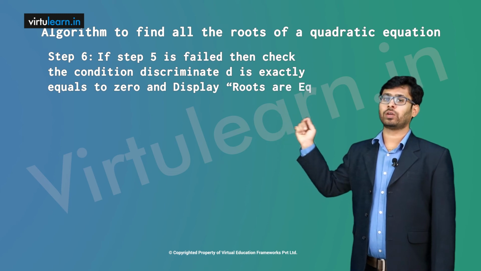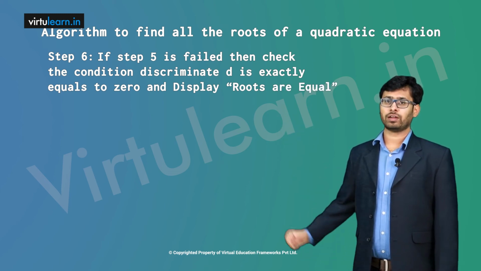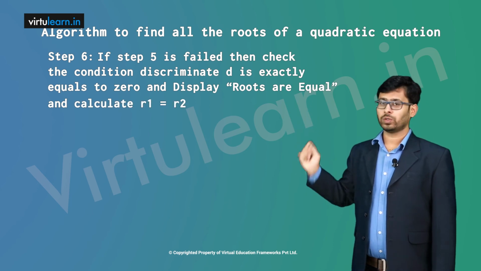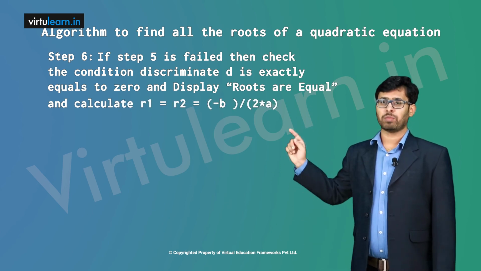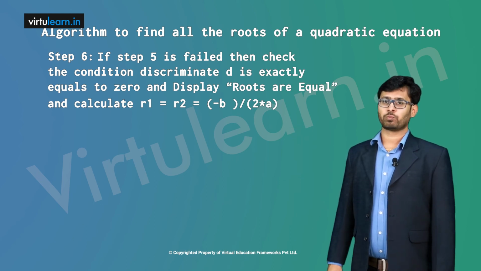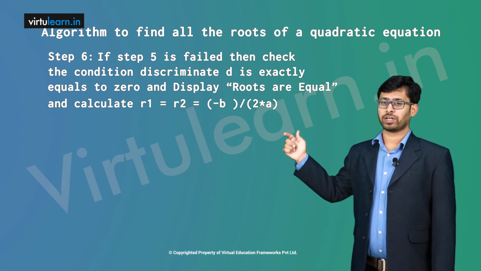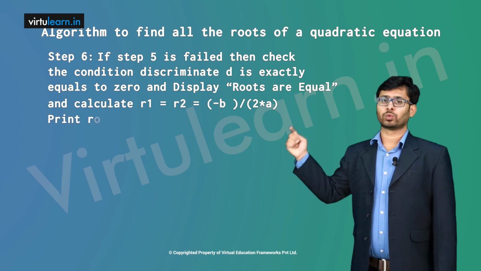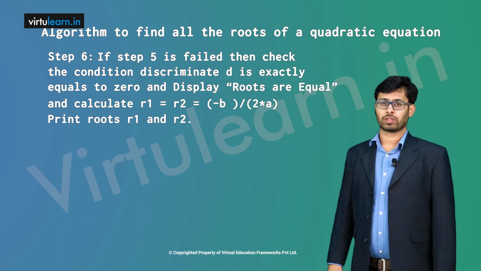Then roots are equal, and calculate r1 and r2 equal to minus b by 2 into a. 2 into a should be written in brackets. Then print the roots r1 and r2.